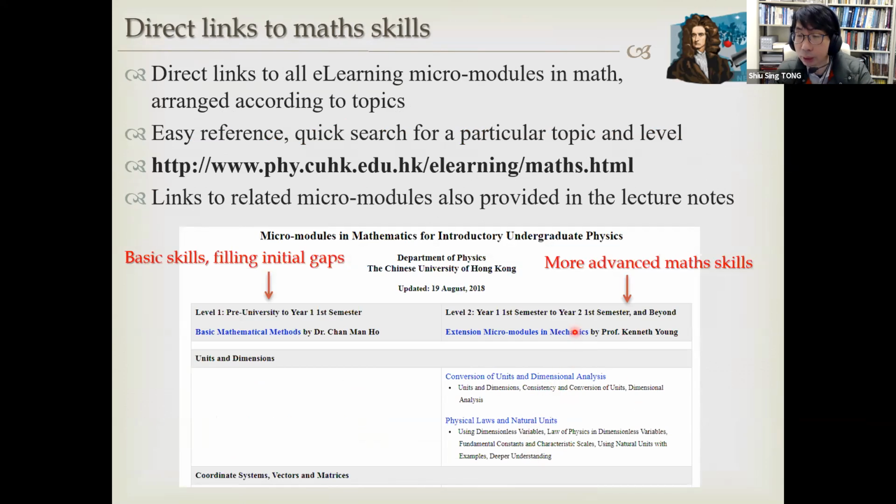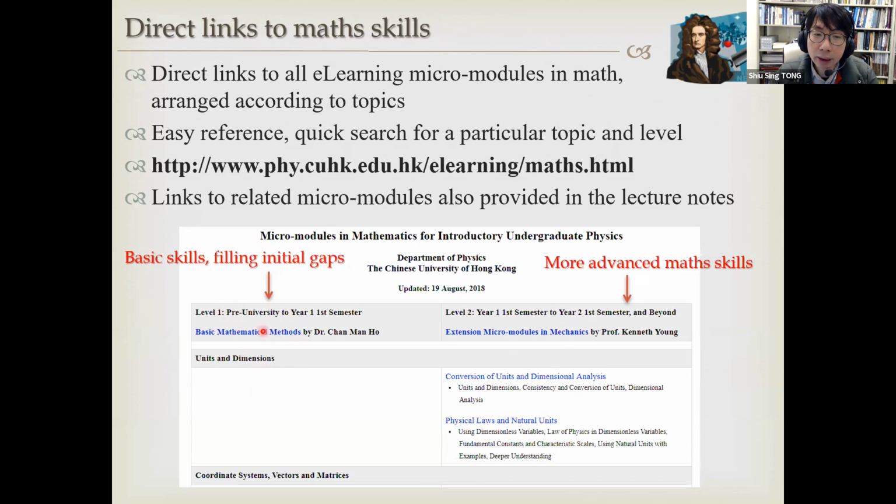They are arranged according to the mathematical topics that they present instead of the mechanics topics. The column on the left hand side consists of the basic skills for filling the initial gap in the study, and they are done by Dr. Chen Wenho.